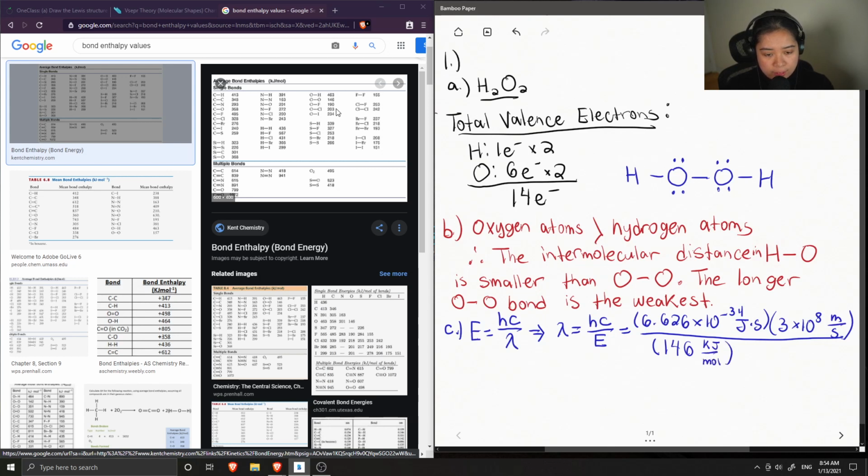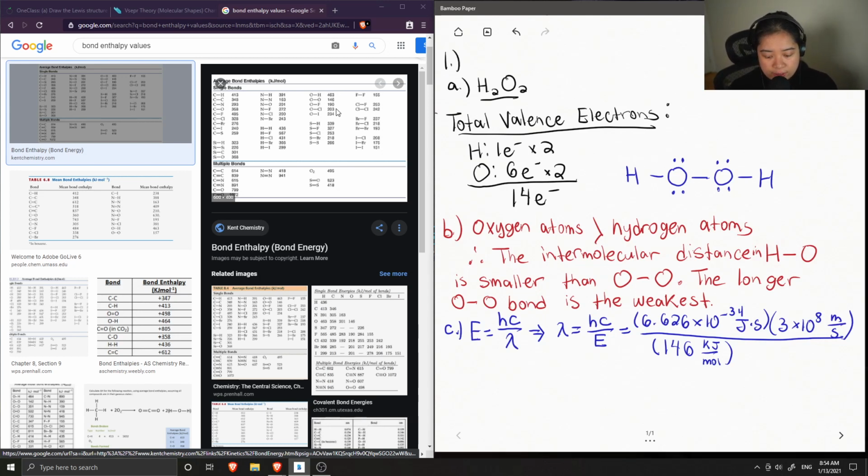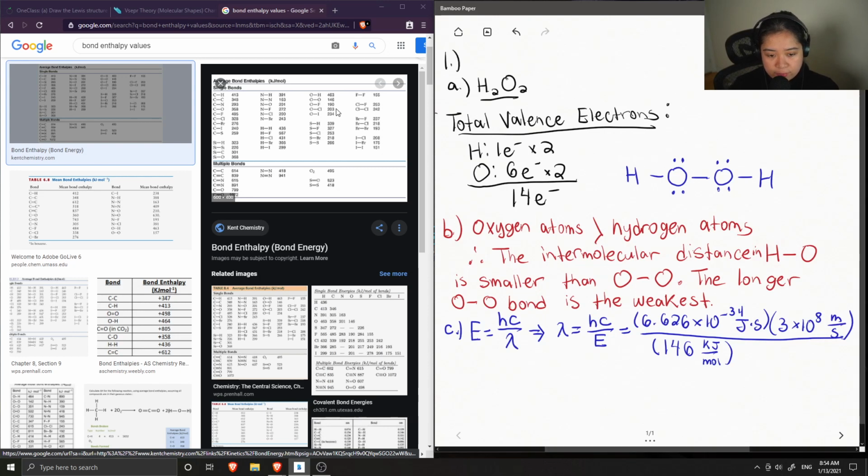Before I do any calculations, I want to make sure that all my units cancel out. So instead of kilojoules per mole, I'm going to convert this to joules just by multiplying it by 1,000.